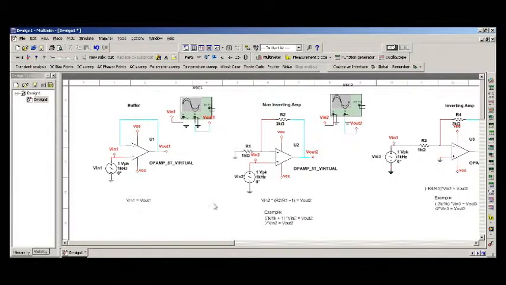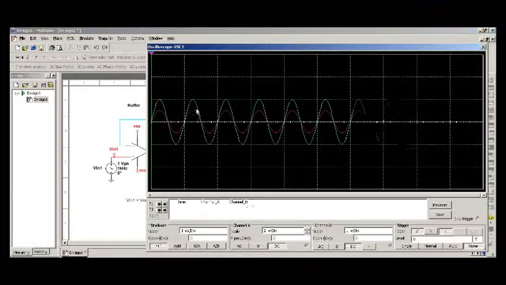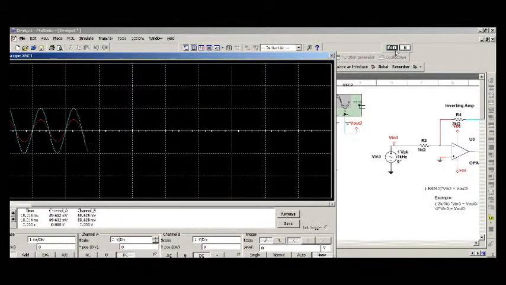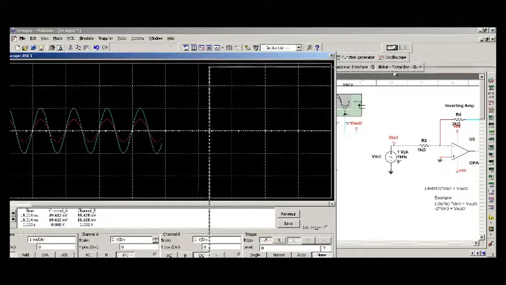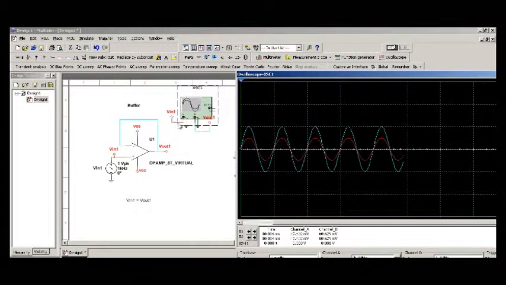from what we derived on the board. And so for our buffer, V out should equal Vn without any scalar. Let's simulate that and take a look. Vn, which is the red, V out is the aqua blue. Vn is set to be 1 volt peak.